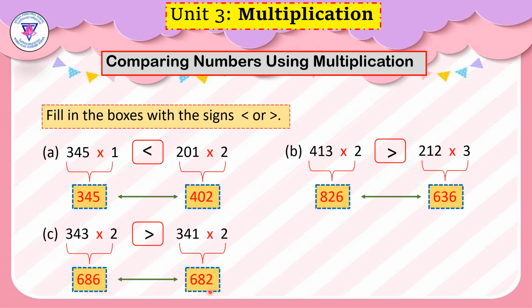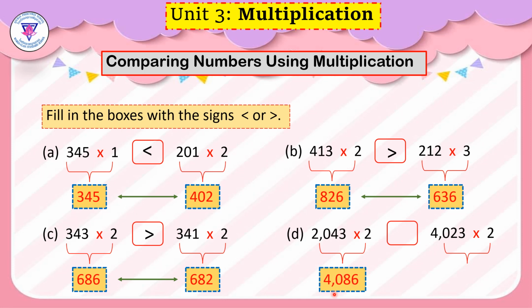And the last example is, we have 2043 multiplied by 2, and then 4023 multiplied by 2. So if you multiply this number, the answer is 4086.